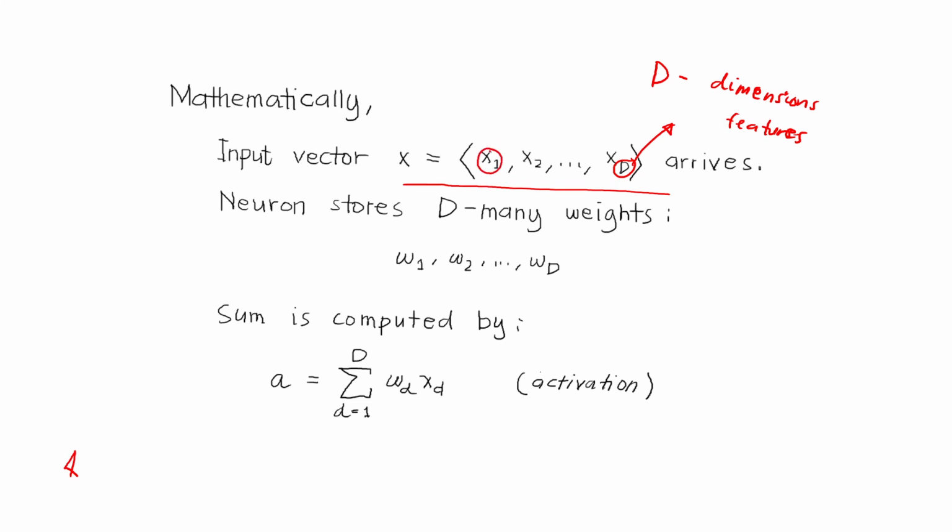This one is a feature value for that feature or dimension. This is the second feature value for the second feature or dimension, and so forth. So the neuron stores d many weights. For each feature or dimension, it is going to store the weight.